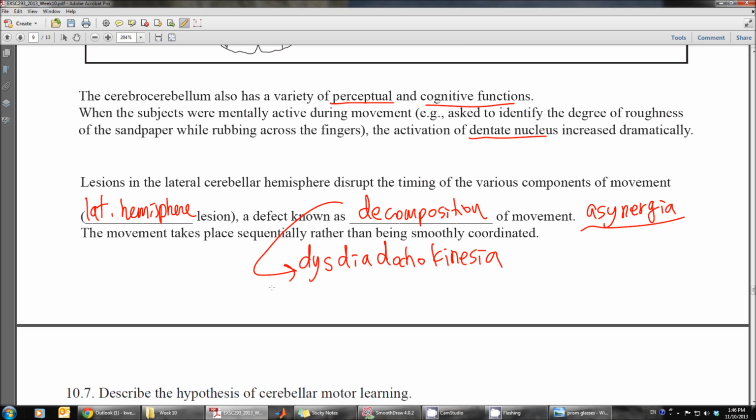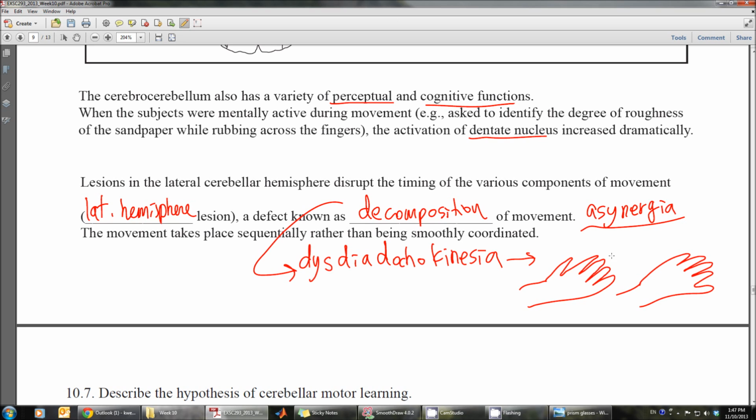So this is one example of decomposition of movement, and what it shows is when you ask the subject or patients to pronate and supinate the arm at the hand as fast as they can, so you just go back and forth, flip and flip back. They have a hard time doing this movement fast.